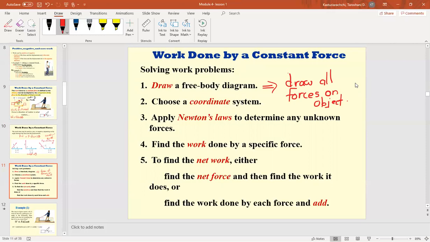And this is really important: choose the coordinate system, because you need to tell which way is positive and which way is negative. There is no rule, but most of the time you take going east as positive x and going north as positive y. Then we look at the work done. Okay, let's do some examples.